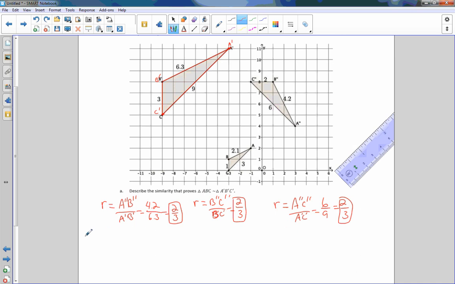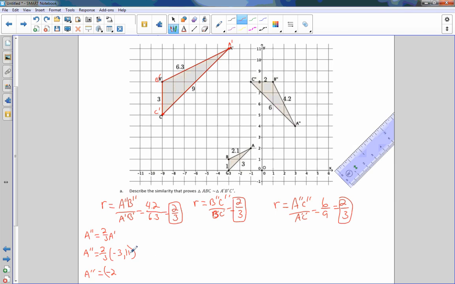My A double prime is going to equal 2/3 of my A prime. A prime is at (-3, 11). If I take 2/3 of -3, the 3's cancel, and I'm left with -2.